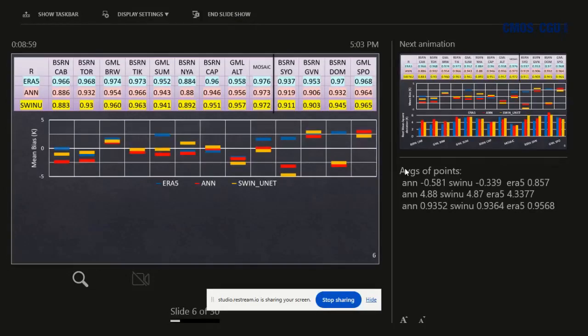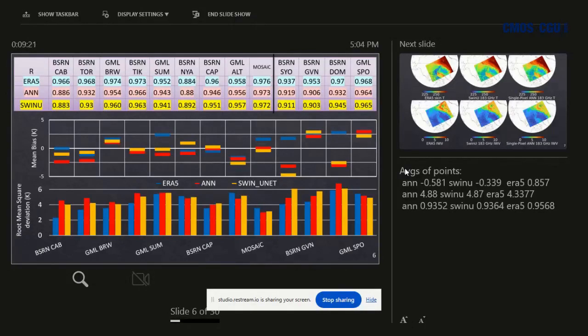And then for the mean bias, the SWIN UNet actually seems to be a little bit closer to 0, but there are some stations, the Showa station in Antarctica, that first one after the black line, with quite a low negative bias, but there's no very noticeable difference in performance compared to the single pixel retrieval. And then if we look at the RMSD again, sometimes the single pixel is a bit higher and sometimes it's a bit lower in terms of how far away they are from the measurements, but they're very similar. So basically what I've seen is they're about the same in terms of quality of retrieval.